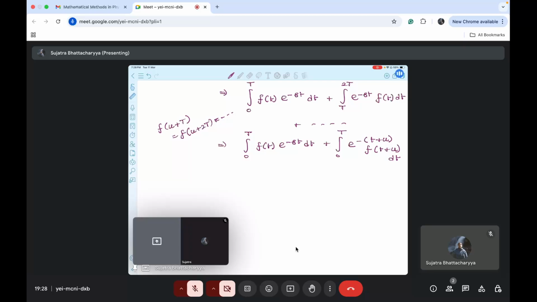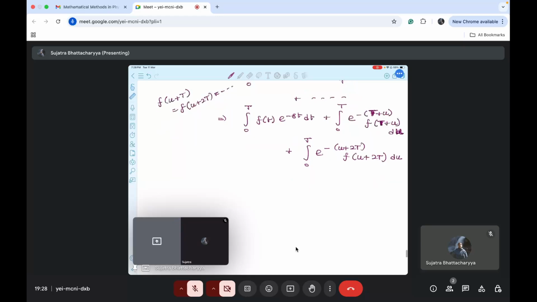Okay. So instead of this t, it will be capital T. I have used a dummy variable instead of the small t, and capital T is the period. Similarly, from 0 to T, again e to the power minus s(u plus 2T), f of u plus 2T into du, and so on, up to nT.